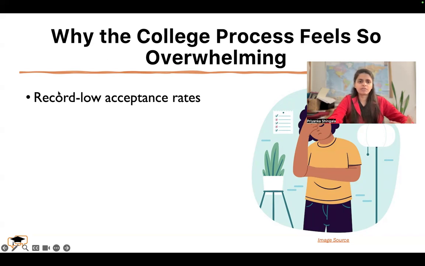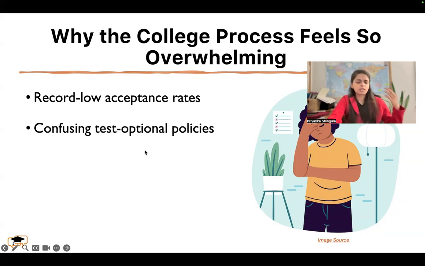So there's a lot of competition out there, and it becomes scary when you're looking to apply to one of those top tier universities, because you're playing a very risky game. We don't know if you're going to get accepted or not. How do we buffer it, make sure that we're also covering our bases and are safe? That's what makes it scary.